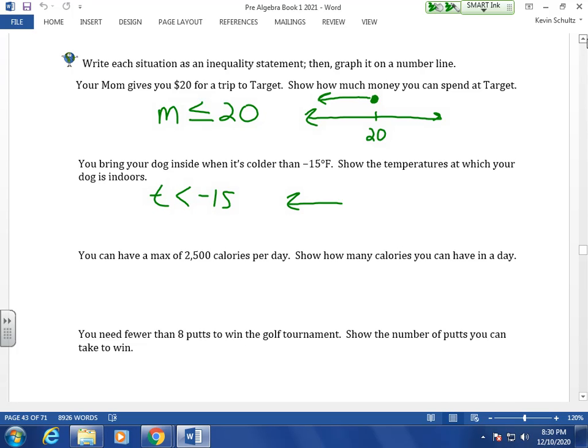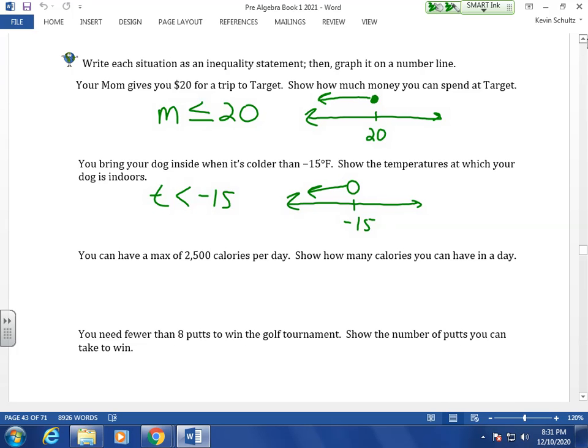On a graph, kind of a horizontal thermometer here, there's negative 15 degrees. If it is exactly negative 15 degrees, our dog stays outside, probably has a heated dog house or something, or a big fur coat. But if it's below that, if it's colder, then the dog comes inside. So that's what I'd like you to do here.